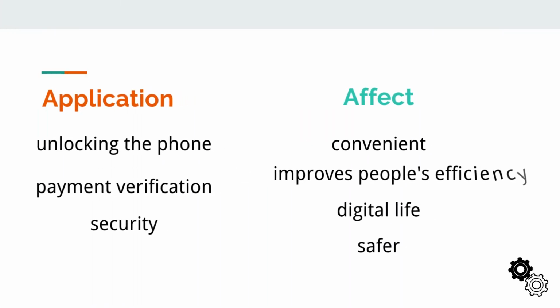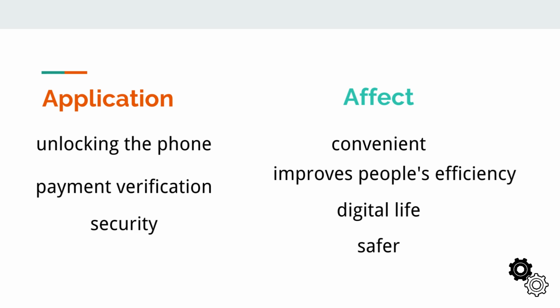After talking about the process, let's talk about the application. Apple's Face ID uses facial recognition to confirm the user's identity, which includes unlocking the phone, payment verification, and even security. Facial recognition technology has a wide range of applications in this area. First of all, face recognition replaces the traditional password verification.